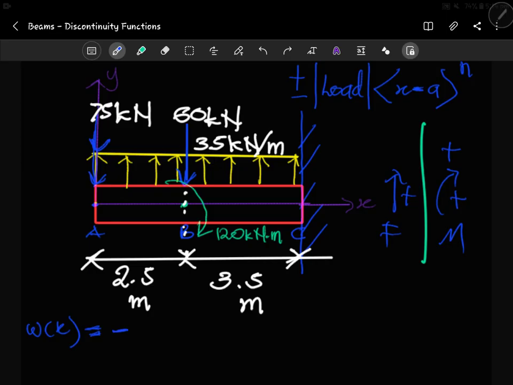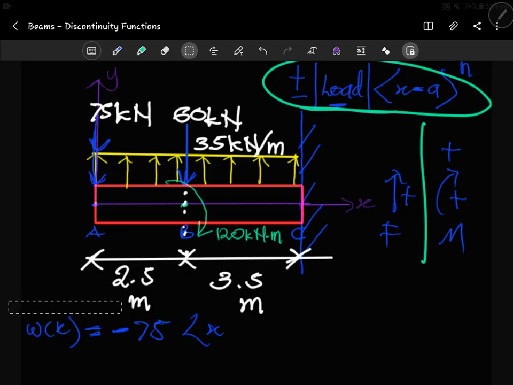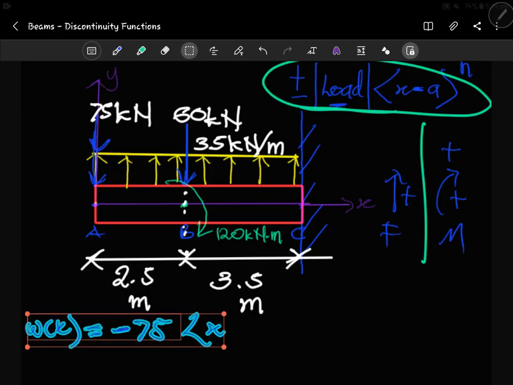It goes down, so negative. The magnitude of it is 75, and we have the bracket here. We've established that already. And then we have x, it doesn't change. Let's minimize this so everything will fit.